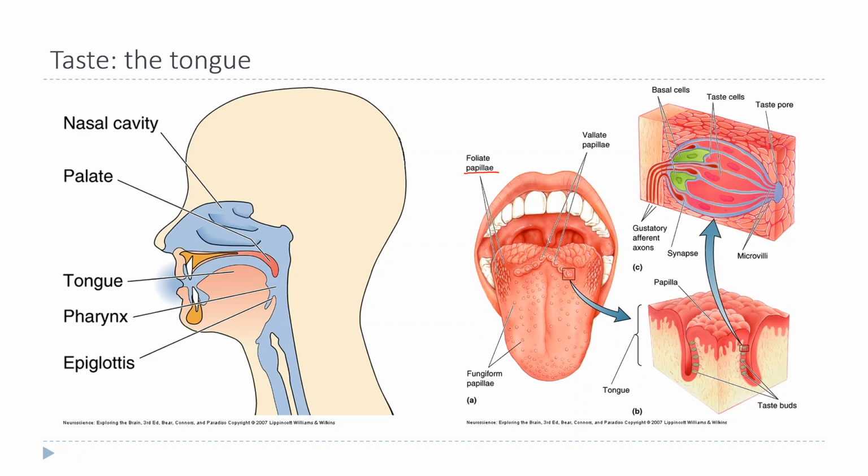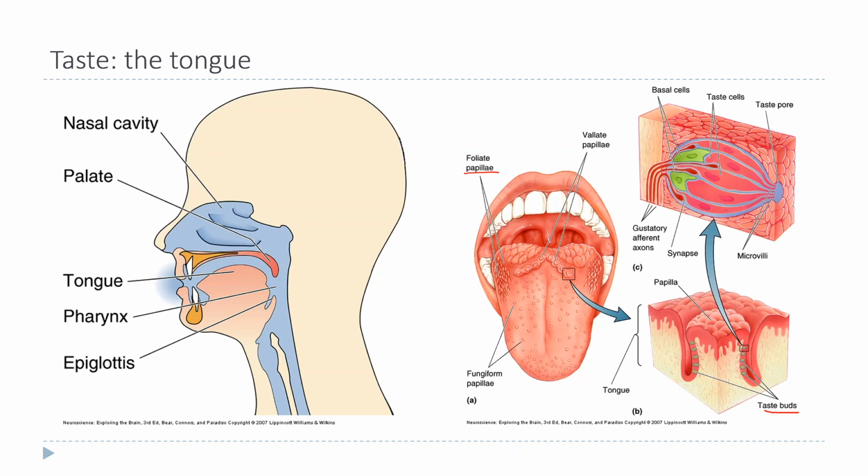But what's really important about the papillae is that if you zoom in on one, you find that each of those little bumps is covered in saliva. The inner lining of each papilla is covered by clusters of cells called taste buds. The taste buds line those papillae along the side.